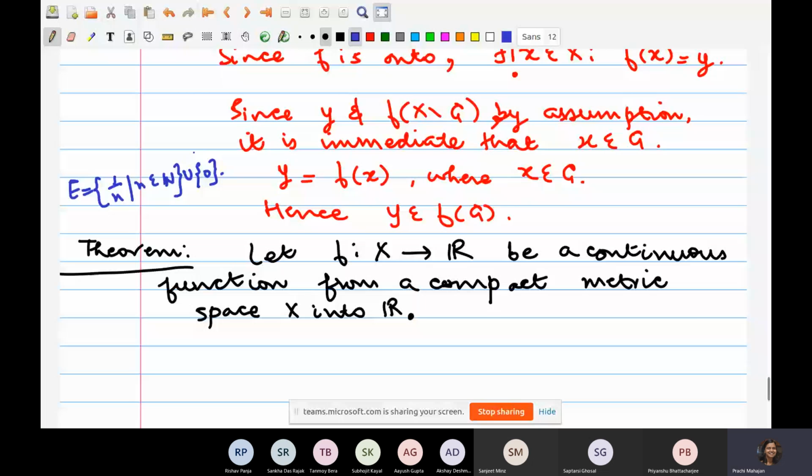So what are all compact subsets of R in the Euclidean metric? I think it's time for a quiz.